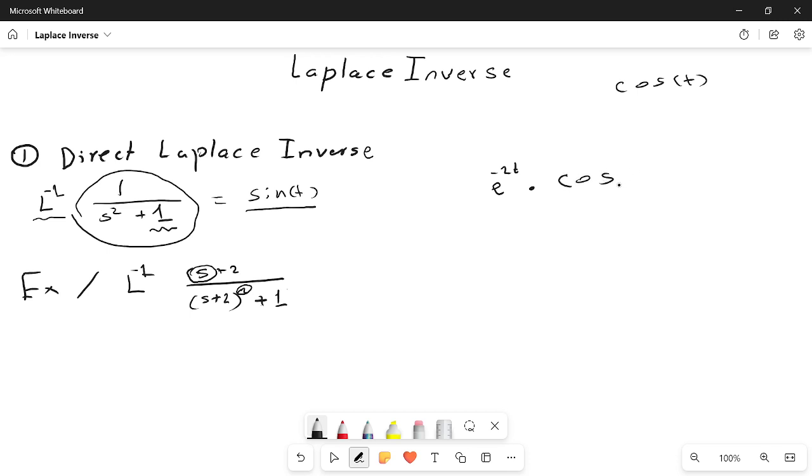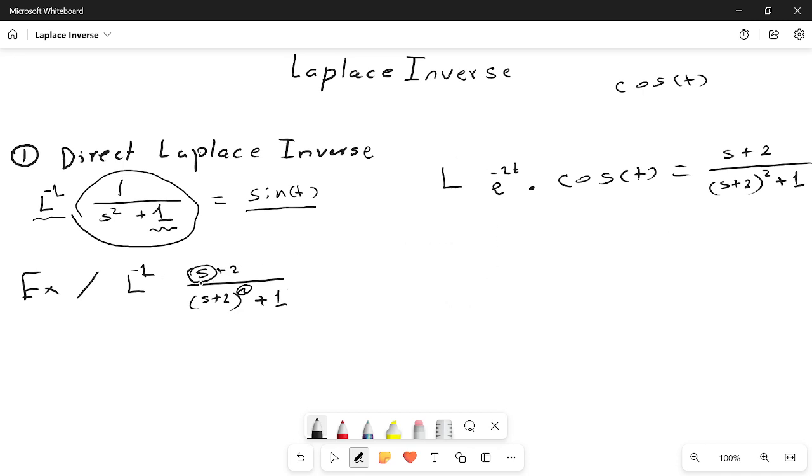Now if you take the Laplace of this form, you would find it would be s plus 2 divided by s plus 2 to the power of 2 plus 1.